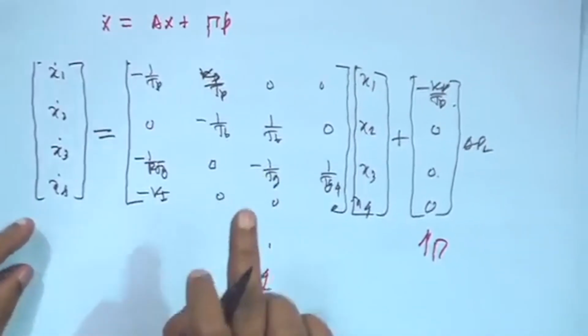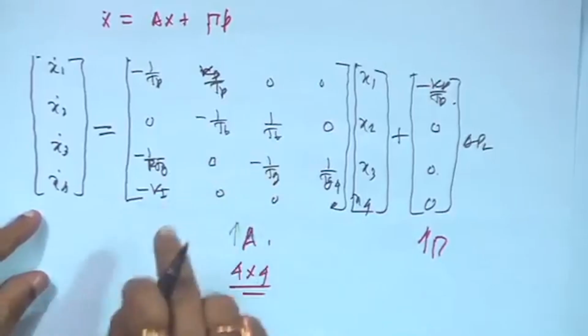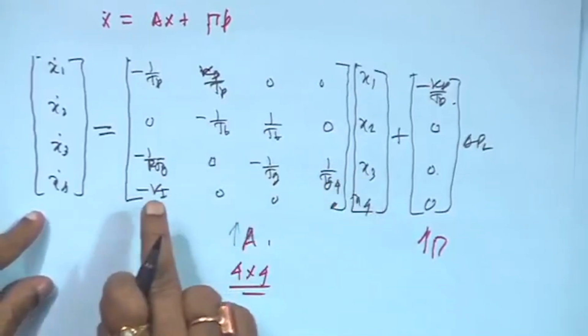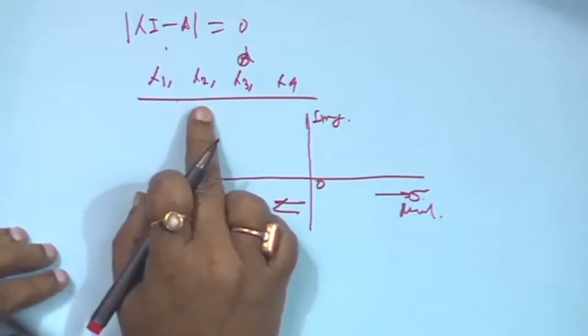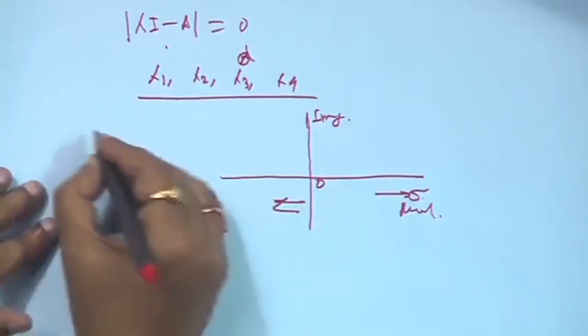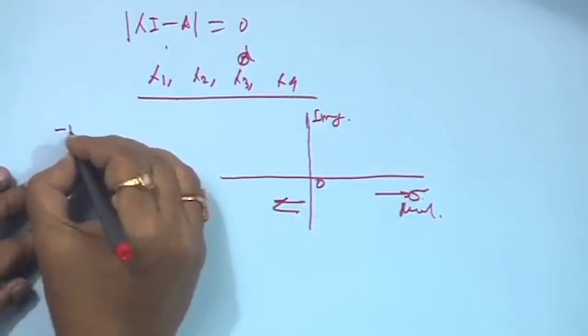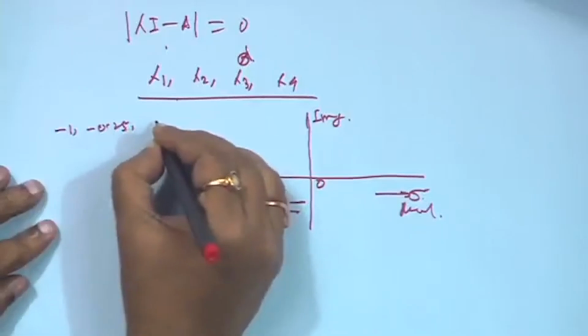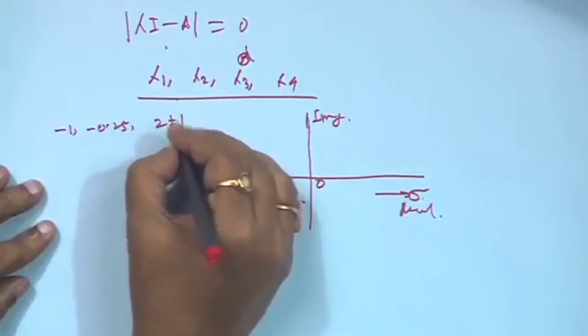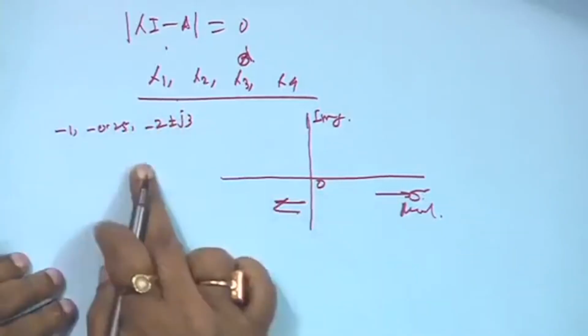Now, the stability of the system, with all the other parameters known, depends on the integral gain K I. For example, suppose for some system the eigenvalues are minus 1, minus 0.25, and another pair minus 2 plus or minus j 3. So, all are negative.